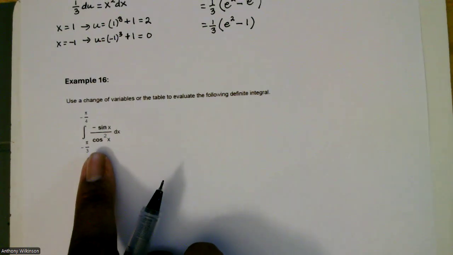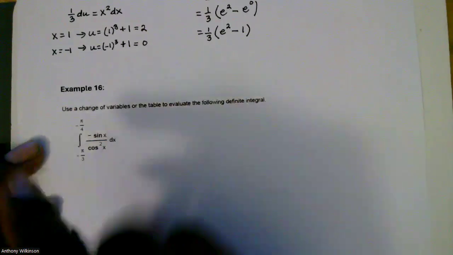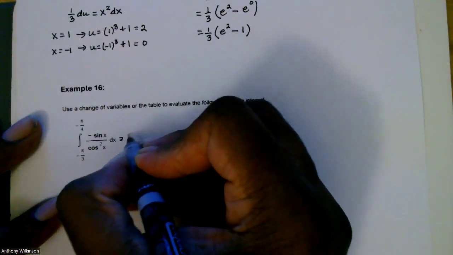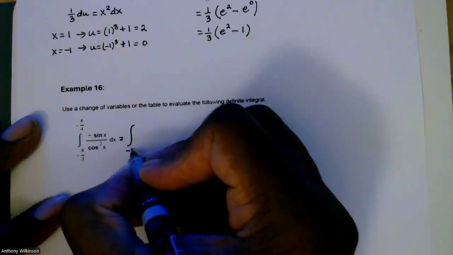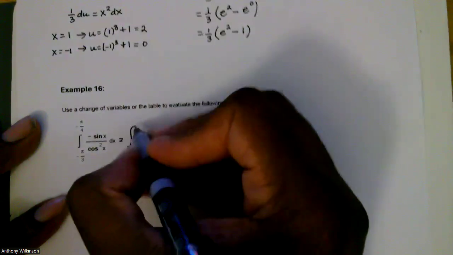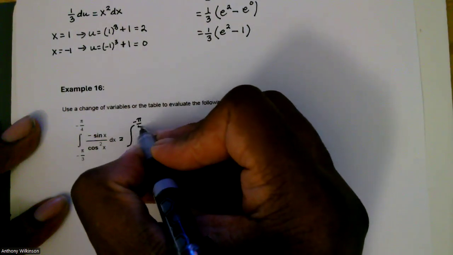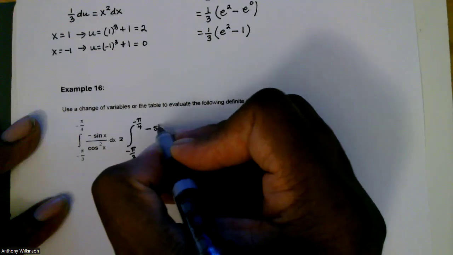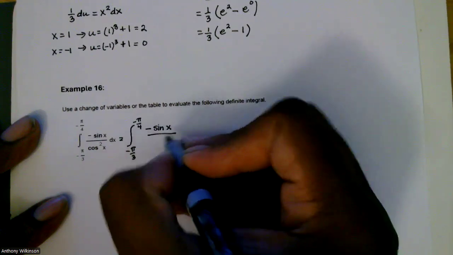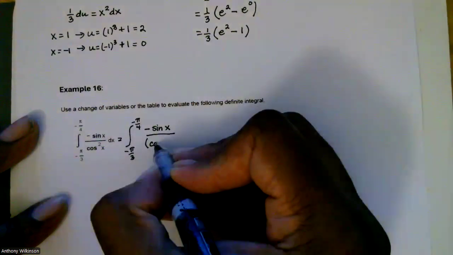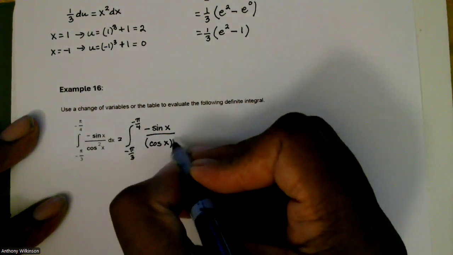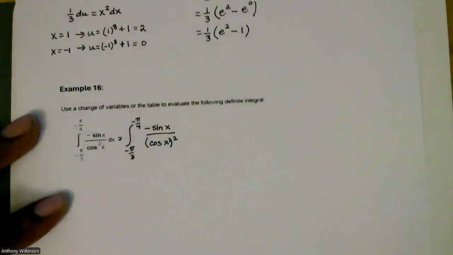That denominator of cosine squared x. What I'll try to do here is write this as the integral from -π/3 to -π/4 of negative sine x divided by cosine of x, squared. That's just another way of writing cosine squared of x.